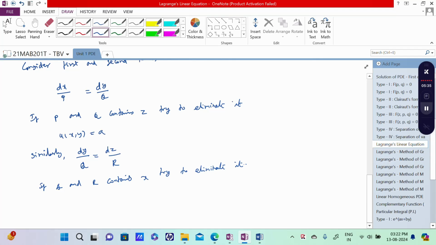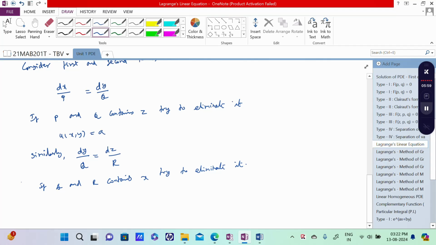Because whatever variables we consider from the auxiliary equation, if they are only in terms of x and y, or constants, there is no issue, but if any z variable is there, try to eliminate it. If it is difficult to eliminate whichever two we take, then the other method is the method of multiplier.